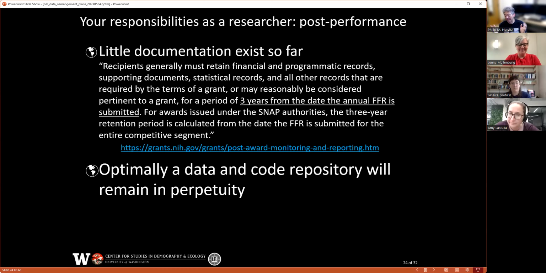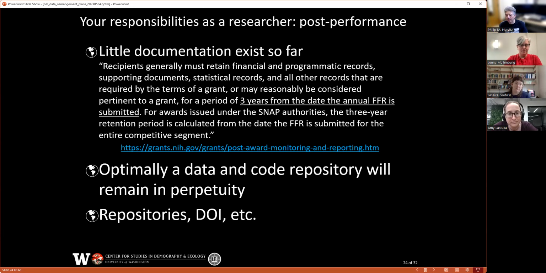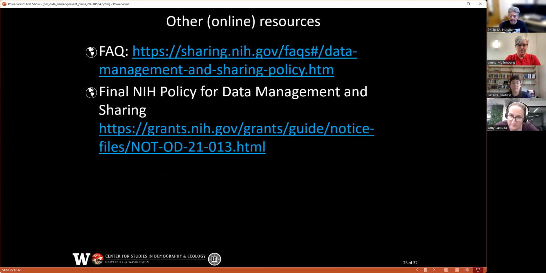So I don't know. But there are repositories, and the DOI is really a great mechanism for having something that is persistent. But when you click on that DOI, there has to be something on a server somewhere that actually links you to that thing. So be prepared for stale links, I guess.